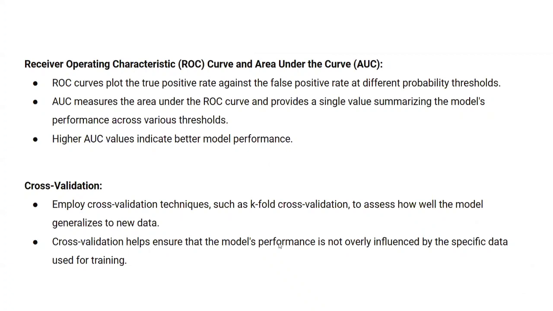ROC curves plot the true positive rate against the false positive rate at different probability thresholds, whereas AUC measures the area under the ROC curve and provides a single value summarizing the model's performance across various thresholds. Higher AUC values indicate better model performance.